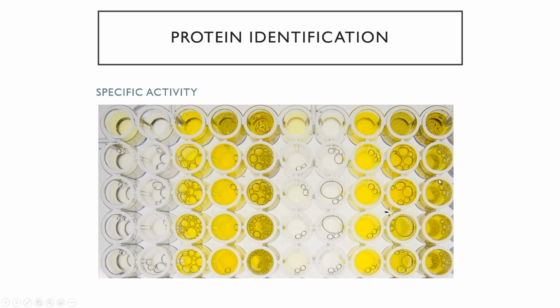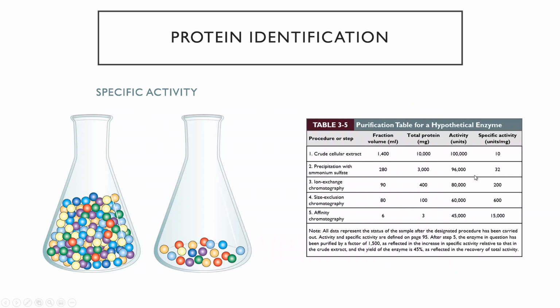But each of these little wells here contains presumably an enzyme plus some sort of substrate that turns yellow when the enzyme is present. And so the intensity of the yellow color tells you how much of that protein is there. And when we say specific activity, what we really mean is the activity of that protein as a fraction of the total protein in a mixture.